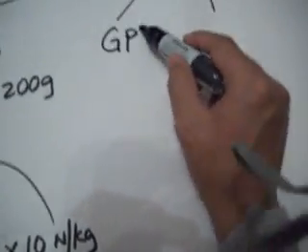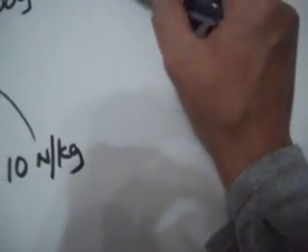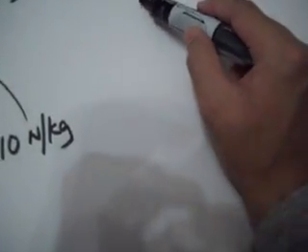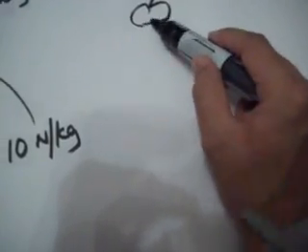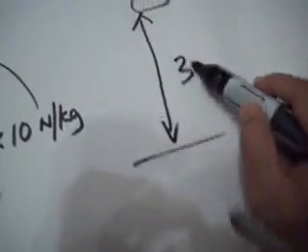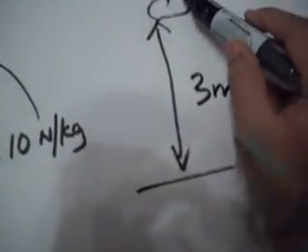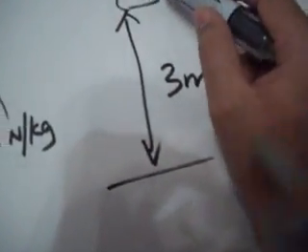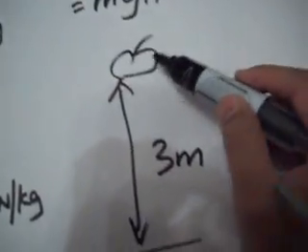Now next, for mass, we have the gravitational potential energy, which is mgh. Now suppose the apple is 3 meter above the ground, how much potential energy due to gravitational attraction does the apple have?